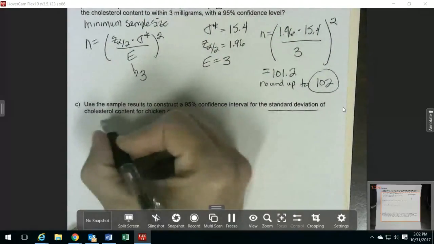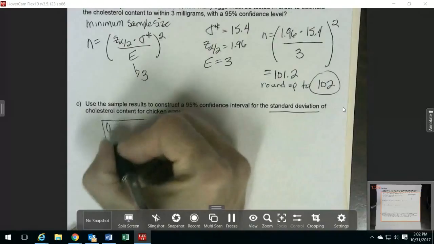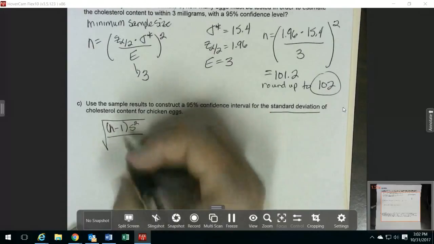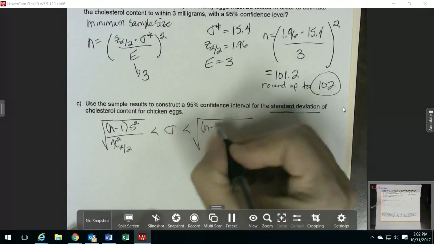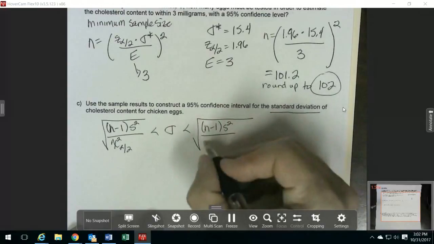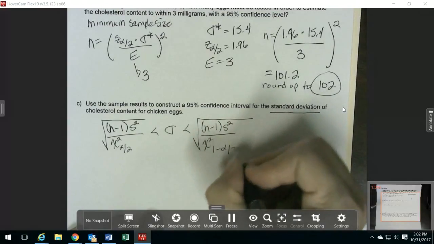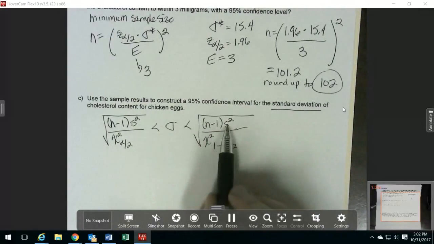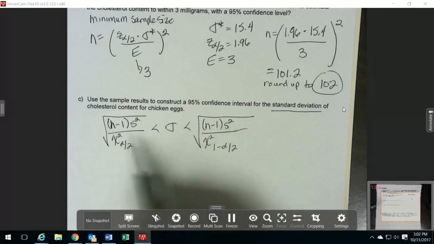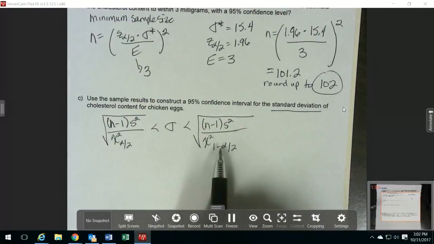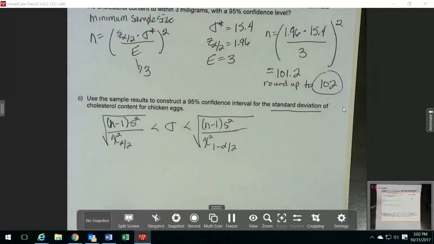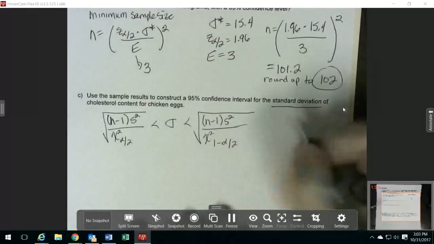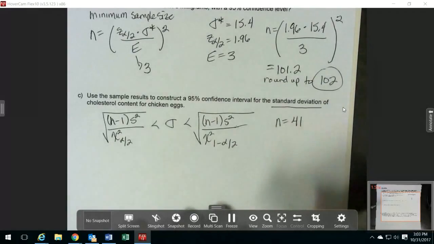We just have this one big complicated formula: n minus 1 times s squared over chi-squared. The two parts are the same in both places. The only difference is that they use two different critical values. So you have to find your two different critical values from chi-squared to get started. We're going to use our original sample size of 41, so that's the n.